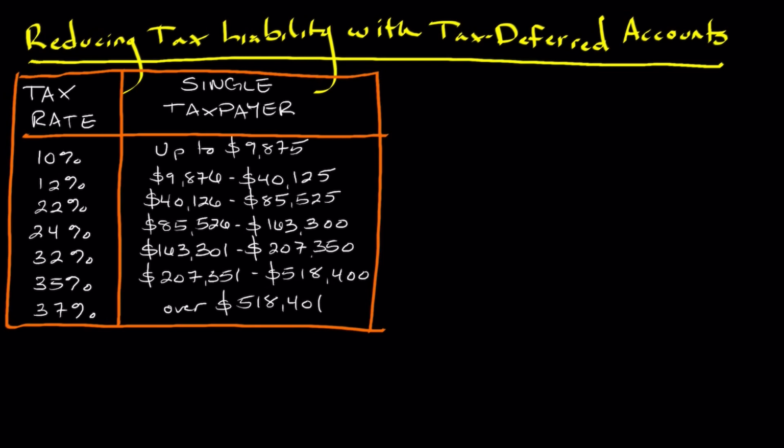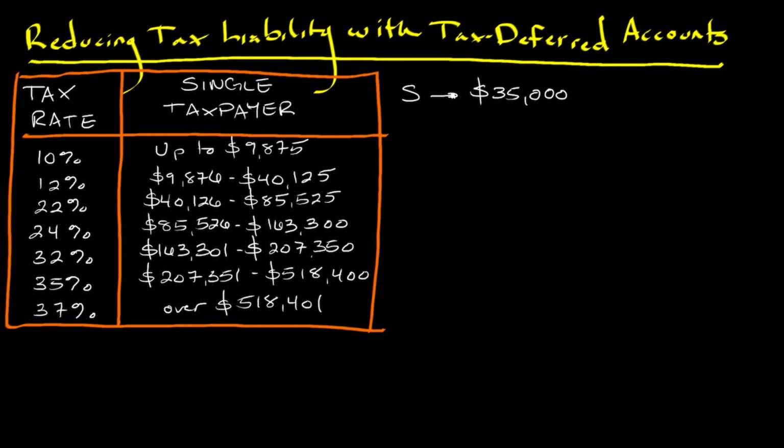Now, if you've watched the prior video, we've already walked through this, but I'm going to do that just here relatively quickly. So let's first assume that we are a single filer. I'm going to abbreviate that as S, and we earn, let's say, $35,000 in adjusted gross income. So we know that in order to calculate our tax liability, the percentage of income that falls within each of the bands is taxed.